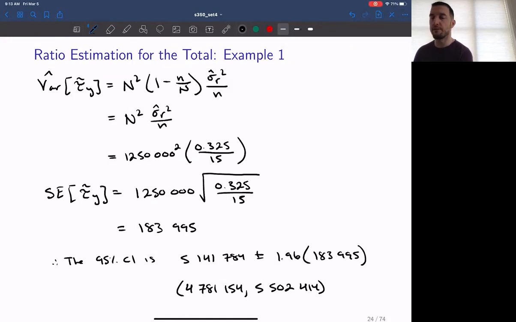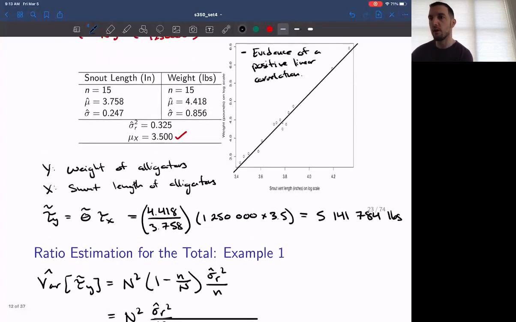So we could use the information that's given to us in this problem to compute the SRS estimate as well. But we're including the information from the auxiliary variable because it's shown to be linearly correlated with the variable of interest. So that's the motivation for the inclusion of that value. But you can directly get the SRS estimator in the traditional sense just by focusing on the parameter of interest from the information that's given.